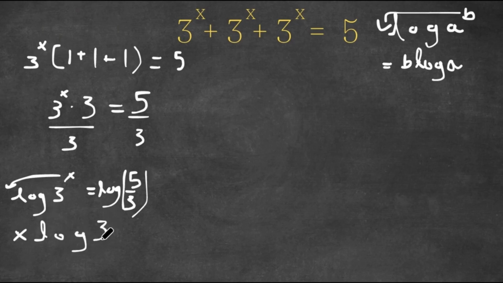So now we have x times log 3 is equal to, now log of 5 over 3 is the same thing as log 5 minus log 3.